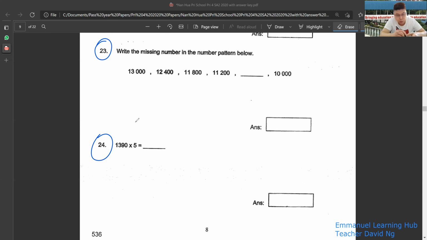Yeah, you minus off, then you get 600 lah. So you know it's minus 600, right?